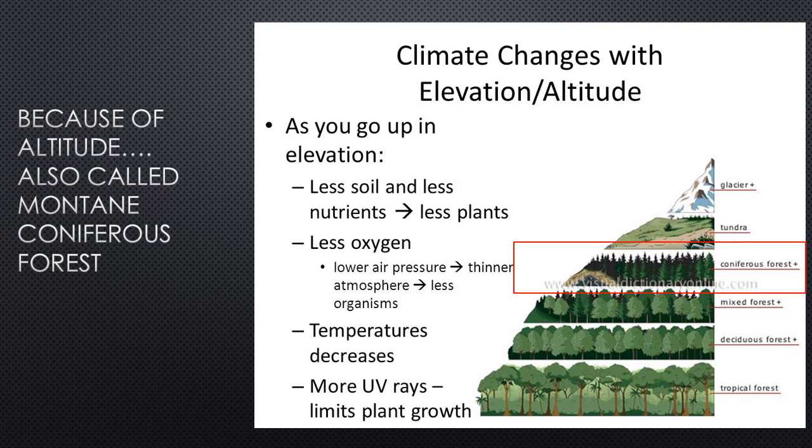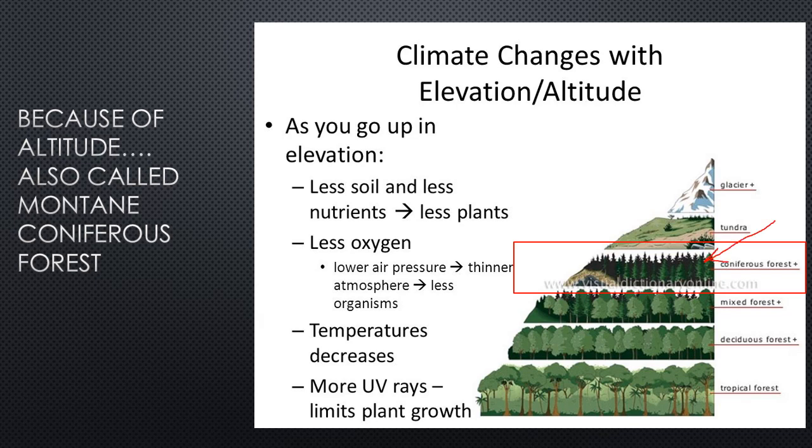Okay, because of altitude, we also have what's called montane coniferous forests. And that just means as we go up the mountain, just like we did with our alpine tundra, we have montane, meaning mountain, taigas or mountain coniferous forests. And we see that right here, right below our tundra.